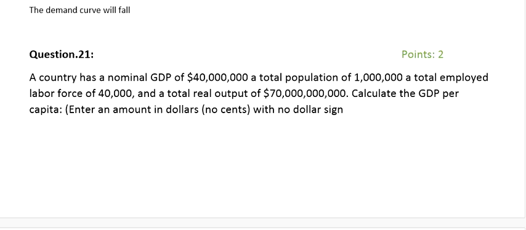Question 21. A country has a nominal GDP of 40 million, a total population of 1 million, and the total number of people employed is 40,000. They're asking us to calculate the GDP per capita, which basically shows the standard of living of that country.